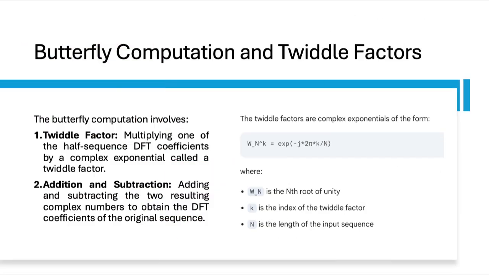The butterfly computation involves two key steps. First, a twiddle factor is introduced by multiplying one of the half-sequence DFT coefficients by a complex exponential known as the twiddle factor. Second, the process involves adding and subtracting the two resulting complex numbers to derive the DFT coefficients of the original sequence.